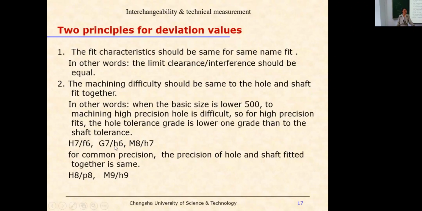For the low pressure fit, the hole and shaft are the same tolerance grade, like H8 and P8, right?